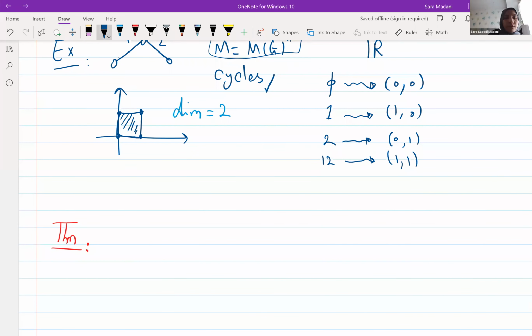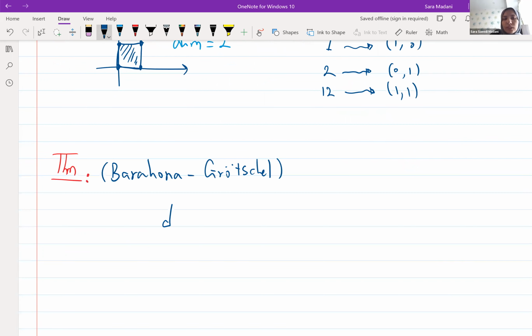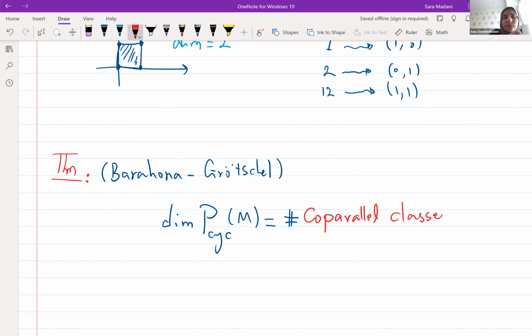So this is a theorem by Barahona and Grötschel, which gives us this general formula that the dimension of this polytope is the same as the number of co-parallel classes of M, whatever it is.